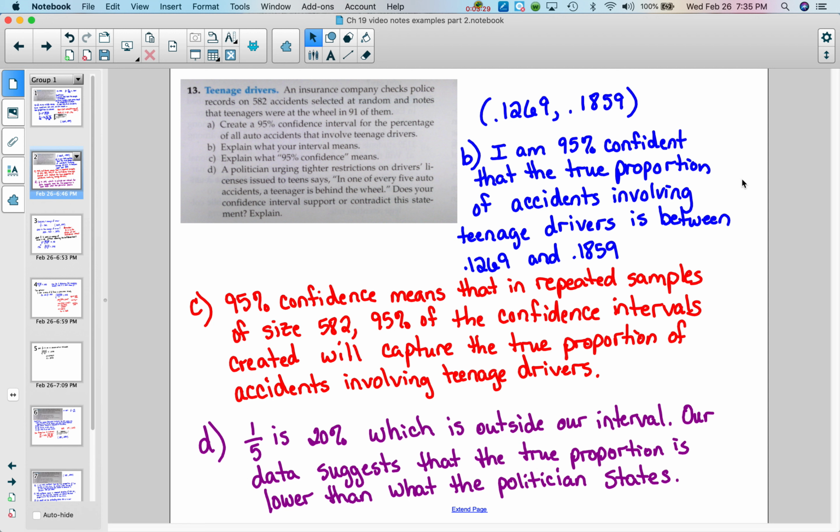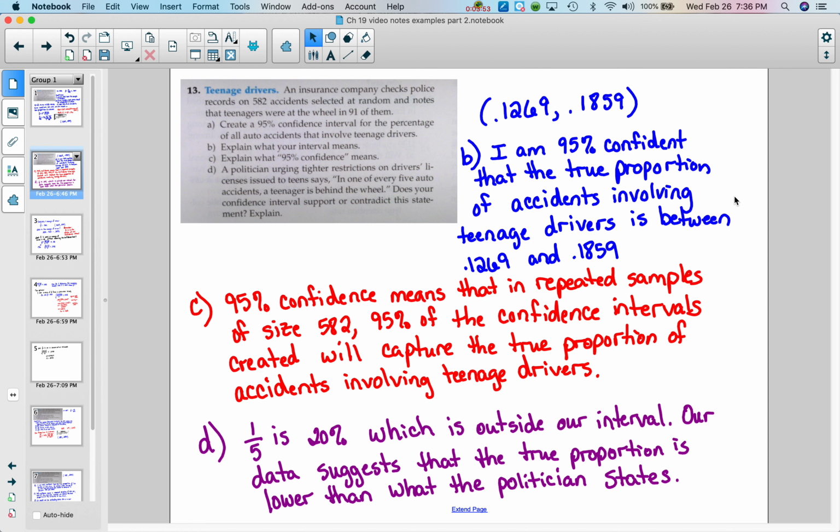You are talking about all accidents involving teenage drivers, not just the 582 accidents. We're not talking about this sample, we're talking about the population, and you want to be clear on that and not give anyone reason to believe you're talking about the sample.